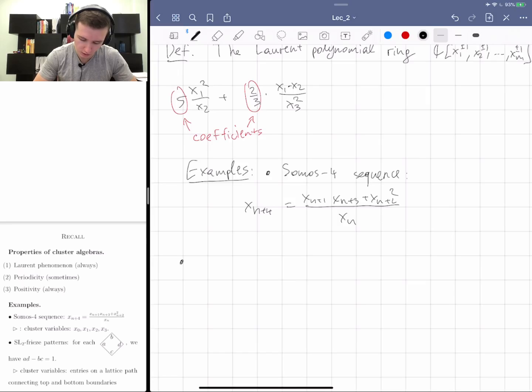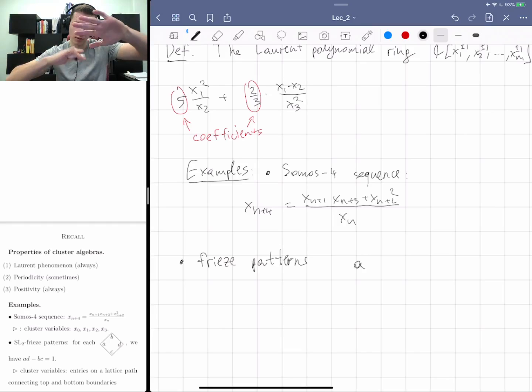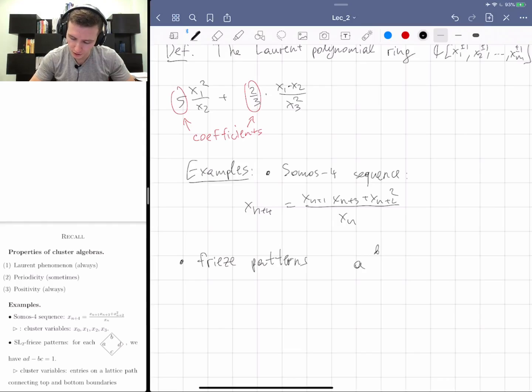And the second one was frieze patterns, where the condition was that they are arrays of integers, and for any diamond like this, the SL2 condition holds: AD minus BC is equal to 1.